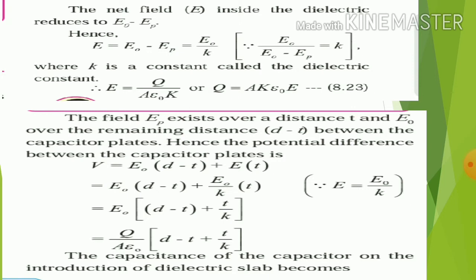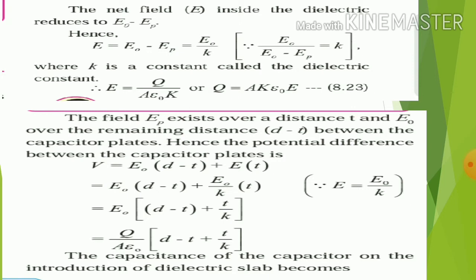Then simplifying, in this equation we can take a common E0 term on the right side. Then we can write this equation in the following way.